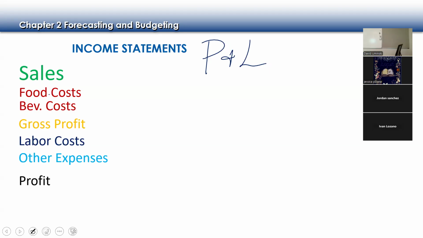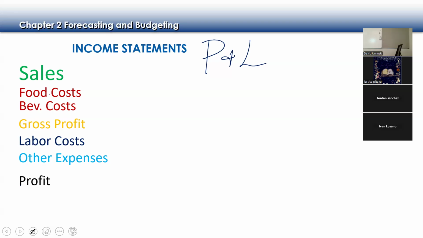How many of you have ever heard a manager or somebody always just focused on the bottom line? Have you ever heard that phrase, focus on the bottom line, when it comes to business or finances? What they're talking about is the bottom line of your P&L statement. If this number is positive, that means we have a profit. If it's negative, that means it's a loss.